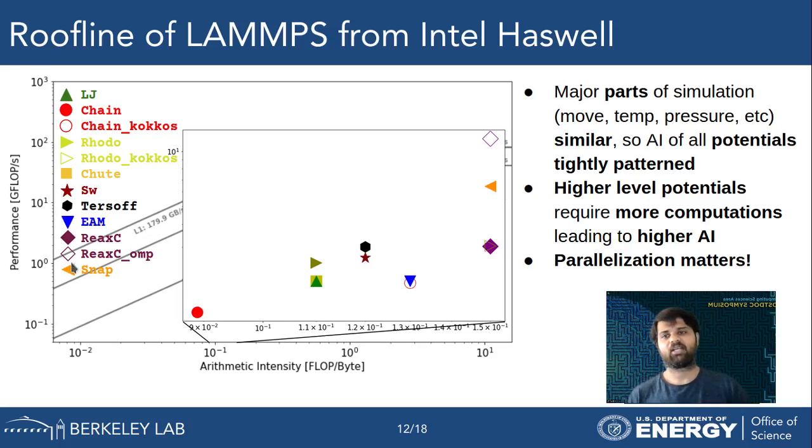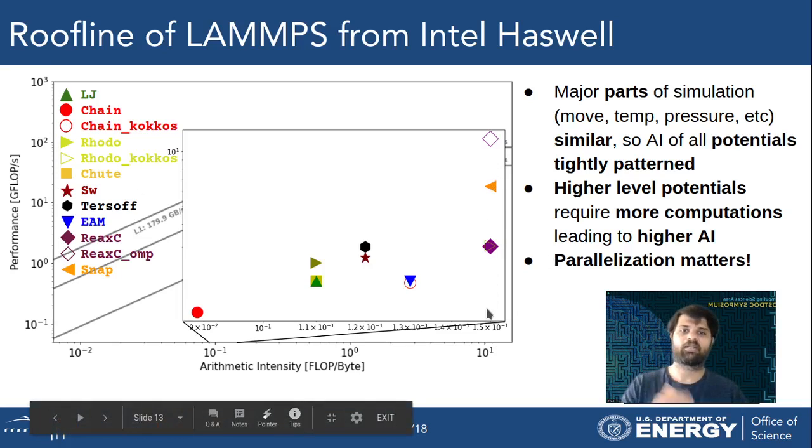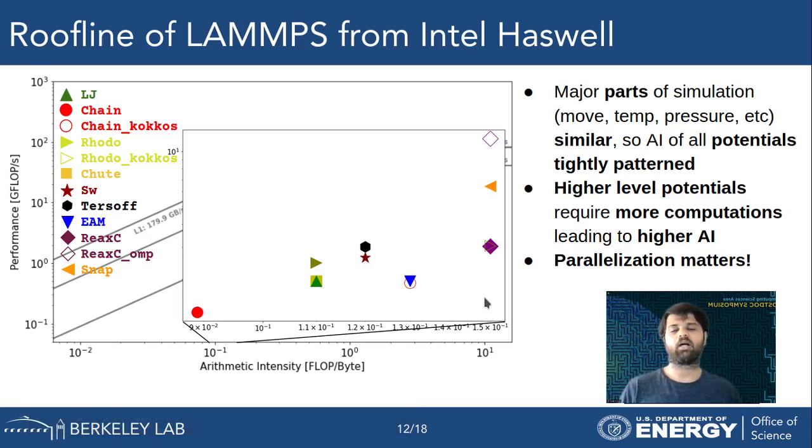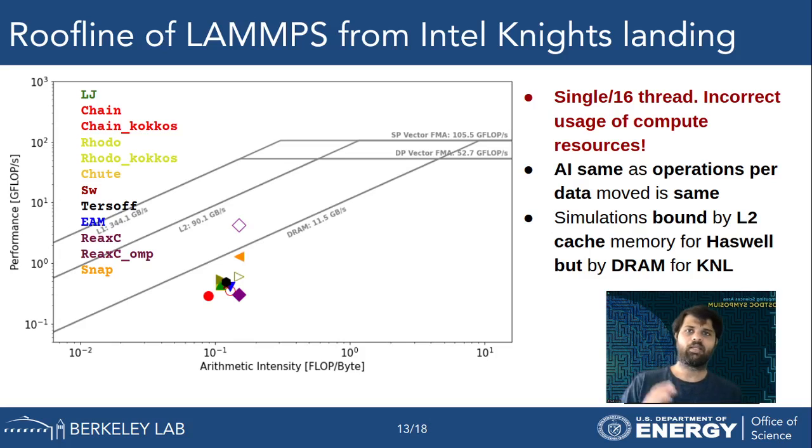If you look at the state-of-the-art potentials, which are EAM, REAXFF, and SNAP being the latest one, we see that their performance, which is the gigaflops per second, as well as the arithmetic intensity, is much better than some of these older potentials. This is a testament to the improvement that has gone into making these potentials performance portable. Now, looking at what happens when you incorrectly use any given compute resource.